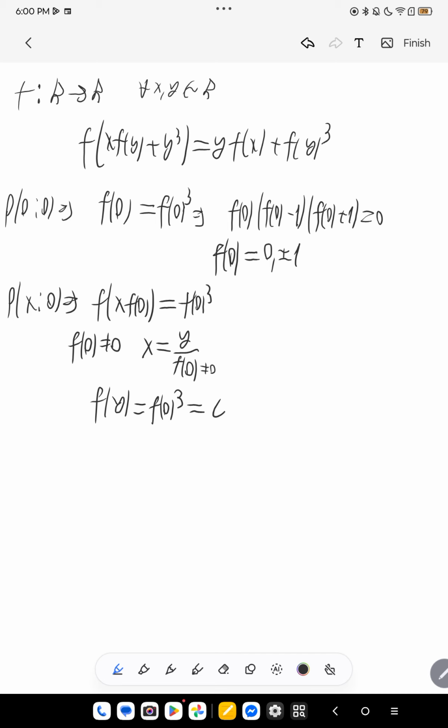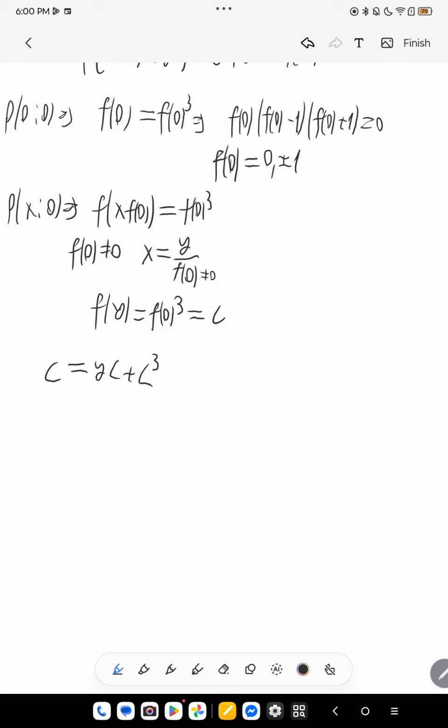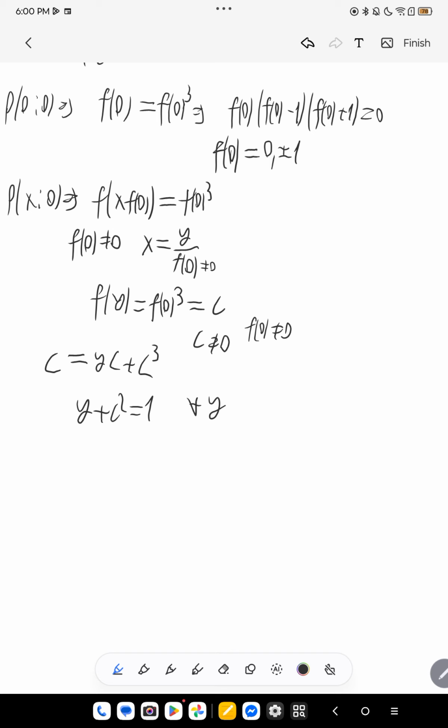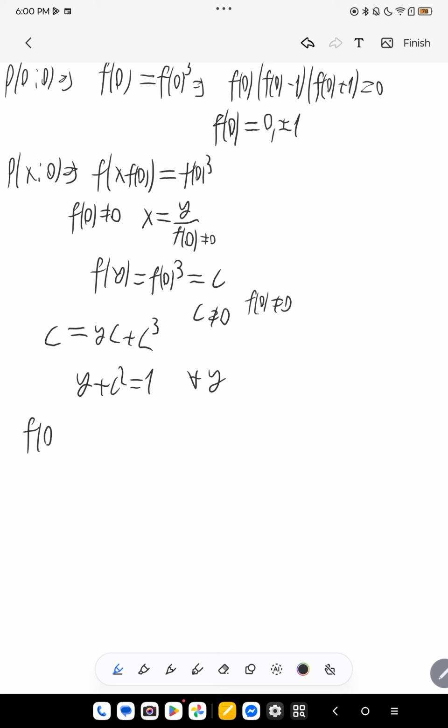So if we put this, we get c equals yc plus c cubed. So c is not 0 because f(0) is not 0. So we get y plus c squared equals 1, which is a contradiction because it should be true for every y, and it's not correct. So we get f(0) equals 0.